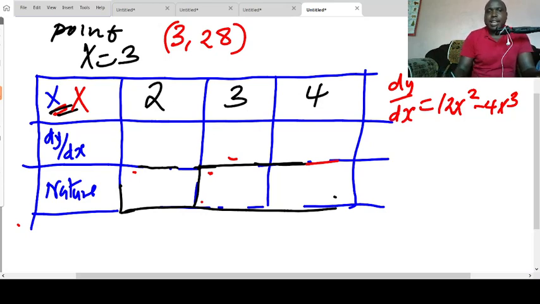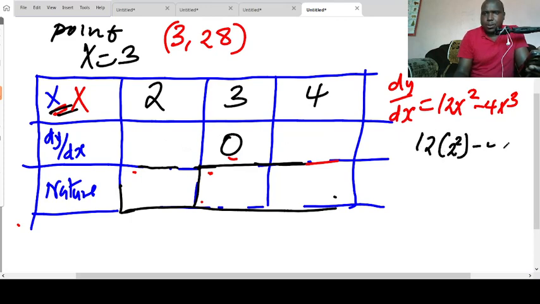So once you have done that, if you substitute 3 here, this is going to be 9 times this, and the answer is going to be 0 here. That is going to be dy over dx kwa x itakuwa 0. Now next, we substitute with the 2. So nasema hapa 12 into 2 squared minus 4, 2 cubed.